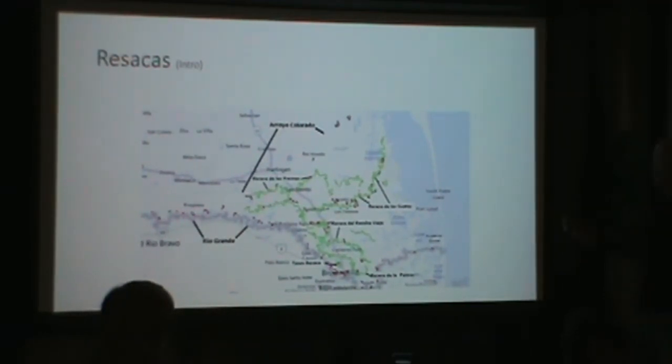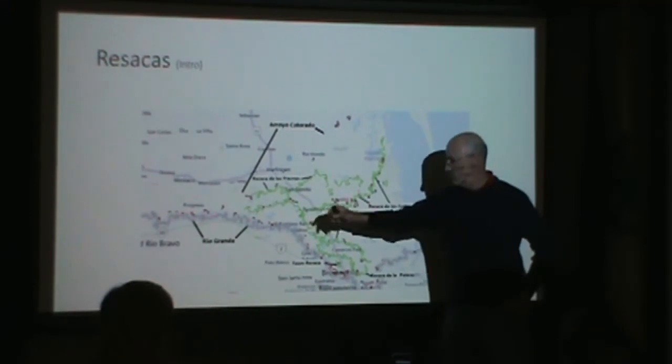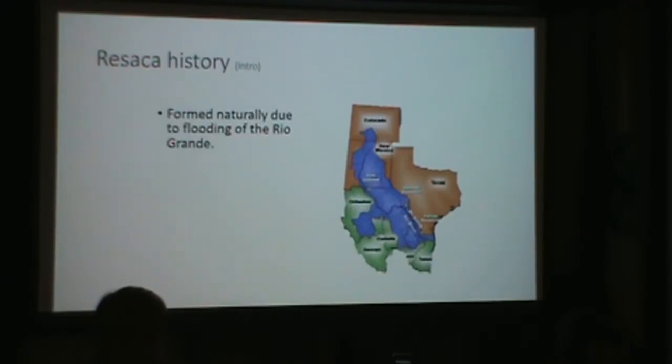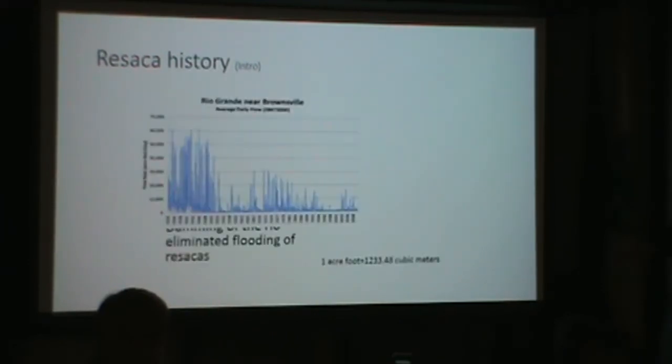And each resaca has its ponds, right? They are not necessarily all continuously flooded. Anyway, we decided to pick one resaca from each of four systems, and then assess health or develop this health index, and then compare.